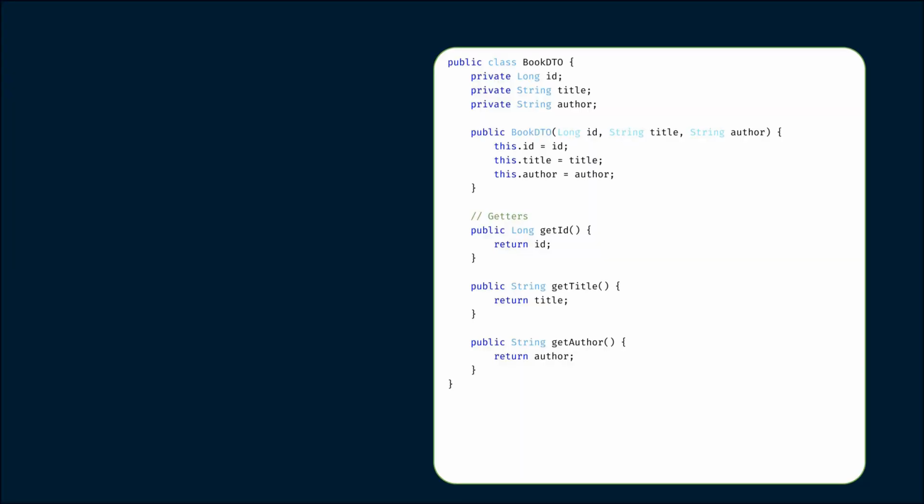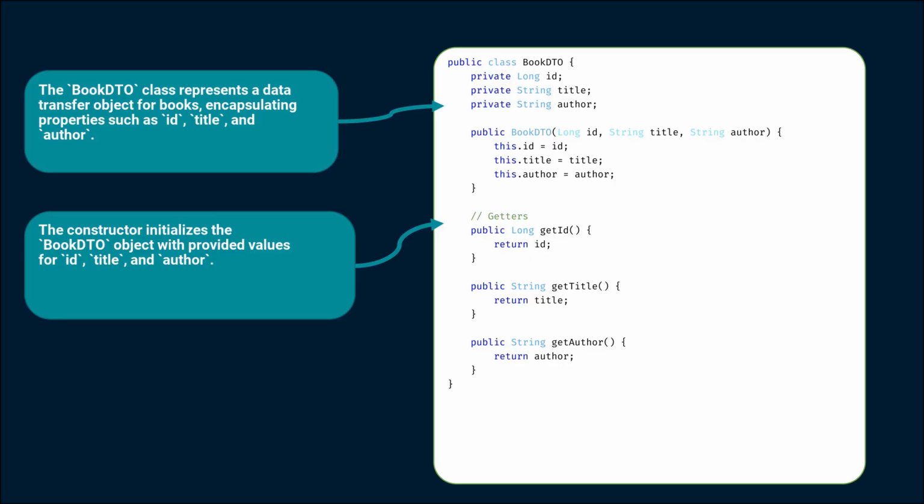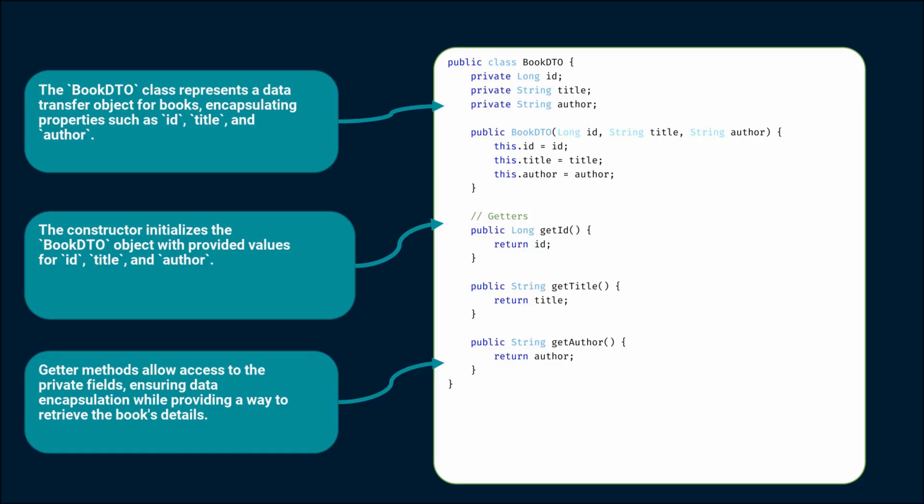Next, we'll implement a simple data transfer object, or DTO, to really enhance our API's data model. This involves creating the BookDTO class, which acts as a bridge between our book entity and the data we present to clients. In this class, we'll define 3 private fields: id, title, and author.